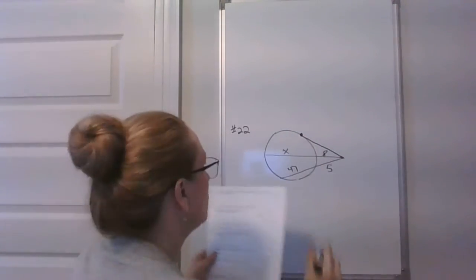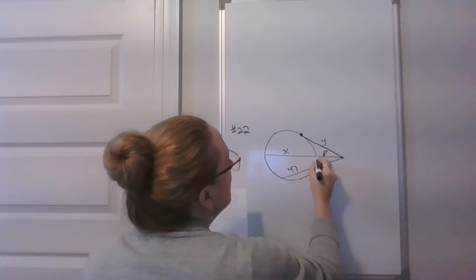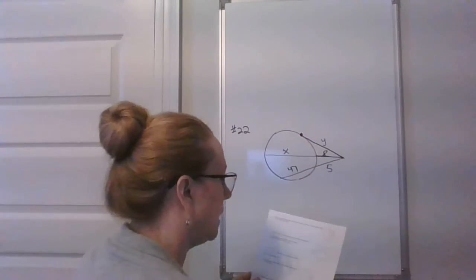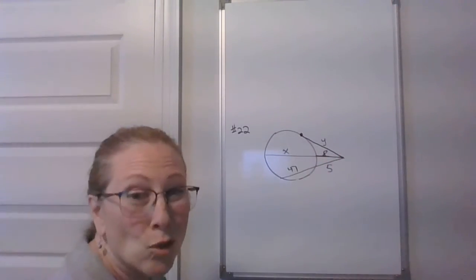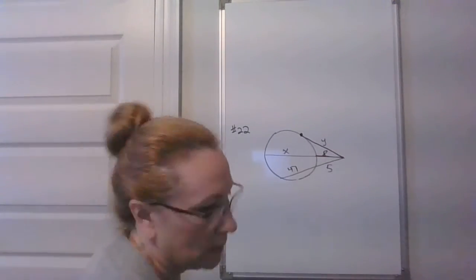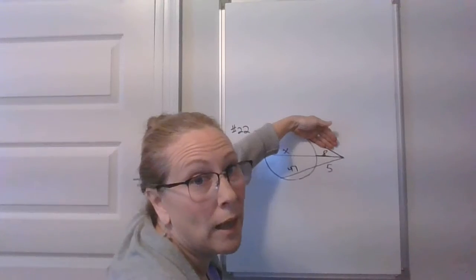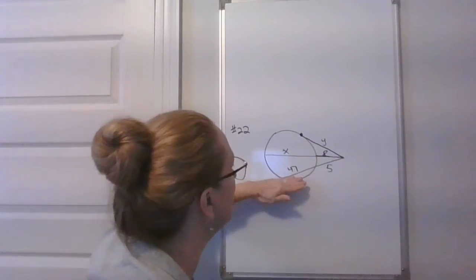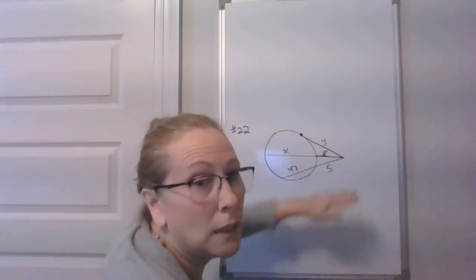Hopefully you can tell that's tangent from my drawing. So this is the 8 portion right in there. Now let's ignore the Y altogether. Just pretend like it's not there. So covering that up, we've got a secant and a secant.